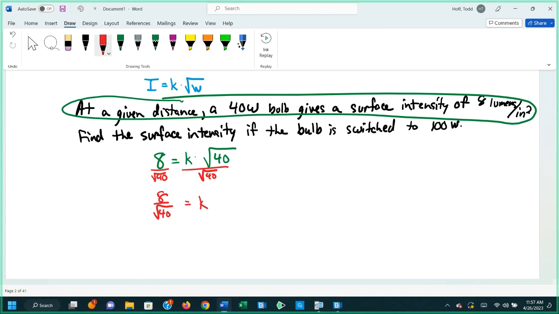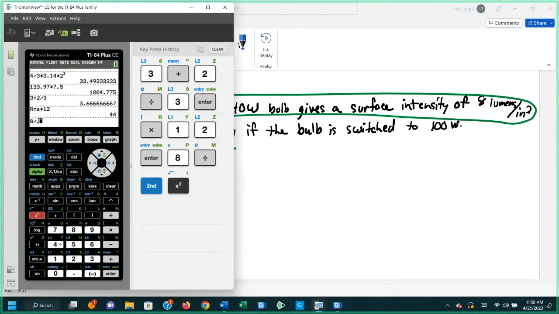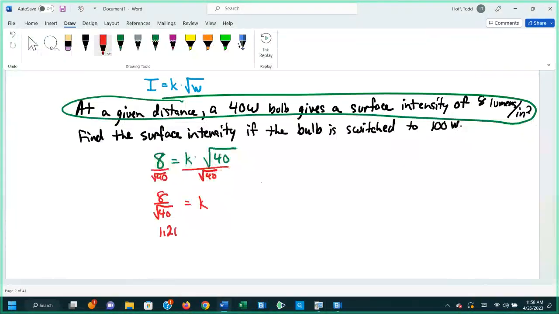It's not a very pretty constant, so let's calculate it out. I get, going to 4 decimal places, 1.2649 equals that constant.